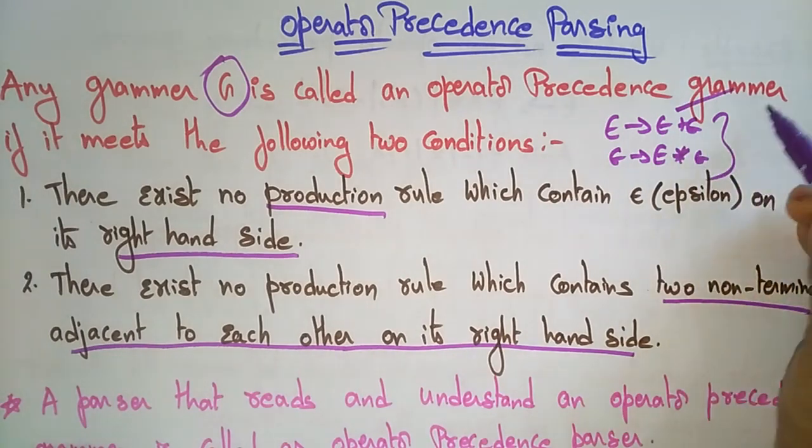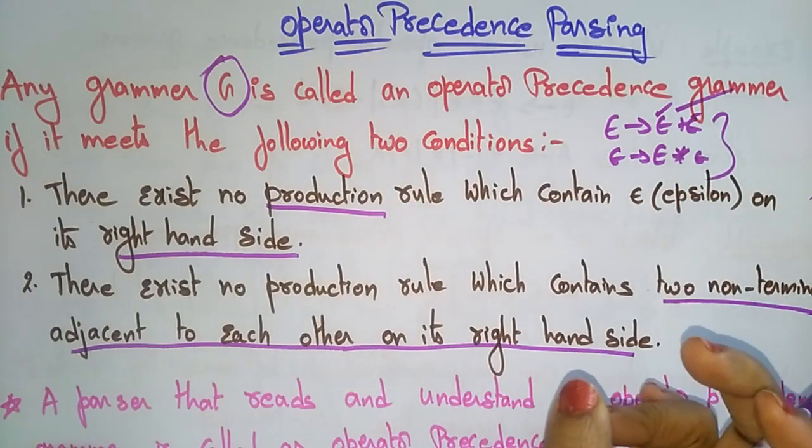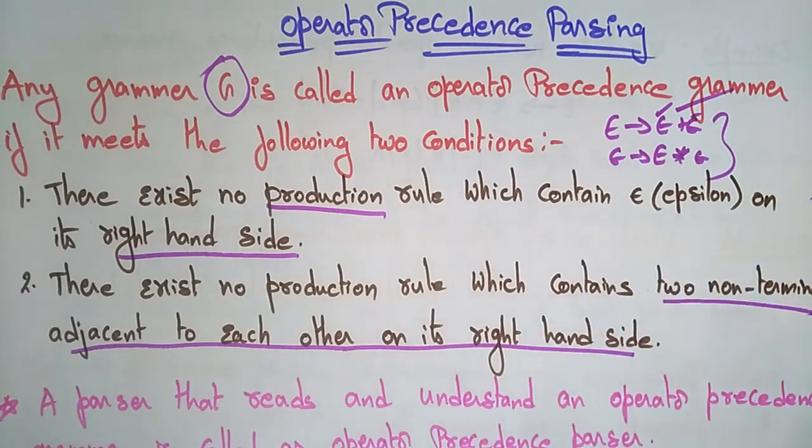Then we can say the grammar is an operator precedence grammar. Don't be confused; if you see the example, you'll get a clear idea about operator precedence parsing.